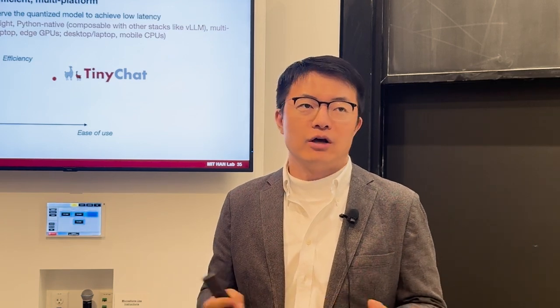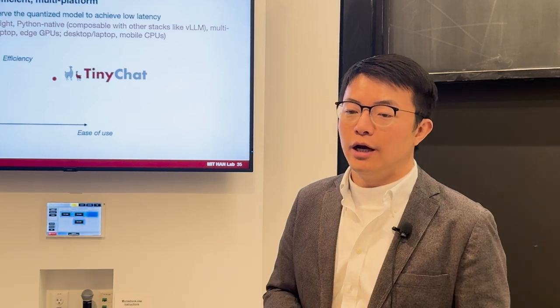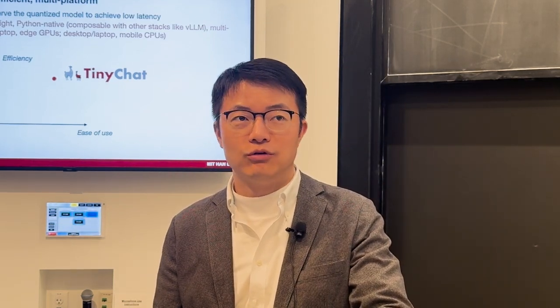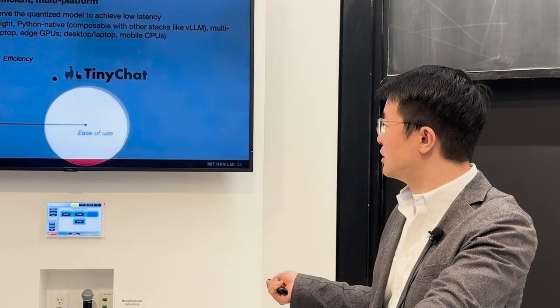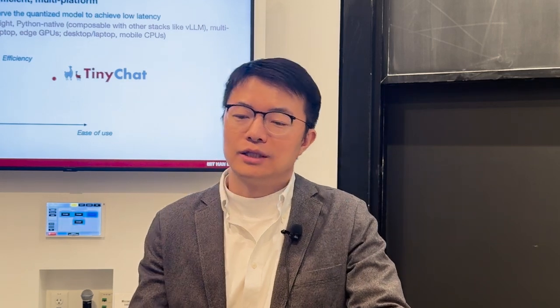We have a lot of low-level implementations, but we expose to the user a Python interface, very lightweight, efficient, supporting multiple platforms, CPUs, GPUs, etc. We want to target two figures of merit: make it efficient, and also make sure it's easy to use. It supports multiple platforms, including cloud, desktop, laptops, which you will implement in your homework, Lab 5, and also edge GPUs, mobile CPUs, etc.